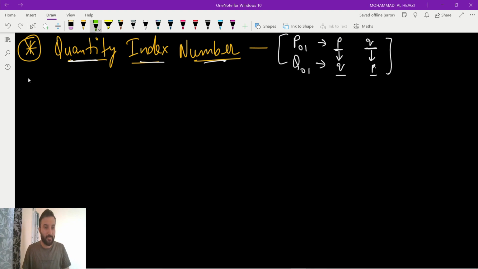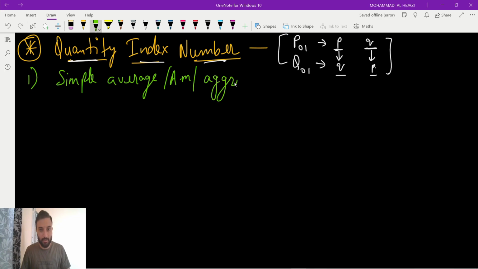Let's see all the 8 methods. First is the simple average or simple arithmetic mean or simple aggregative quantity index number method.